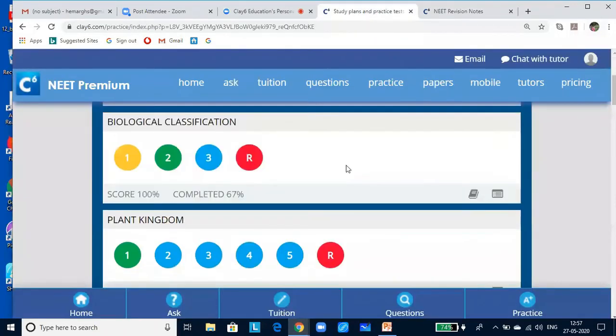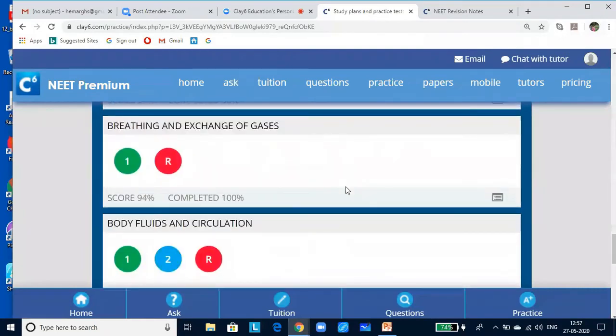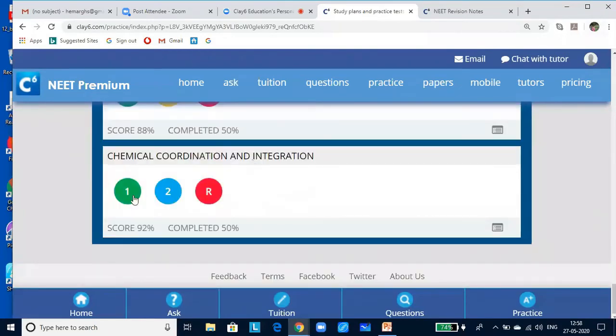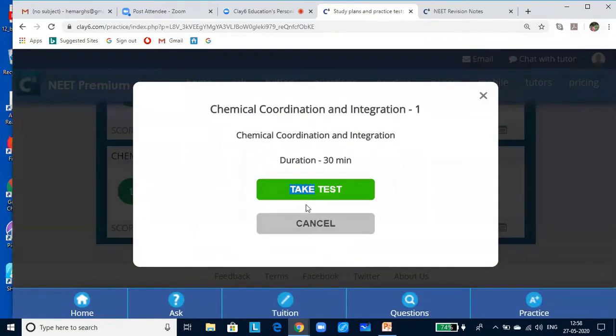Now let us look back into the test and complete the test. So, chemical coordination.